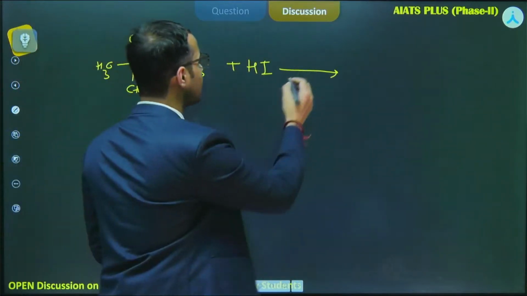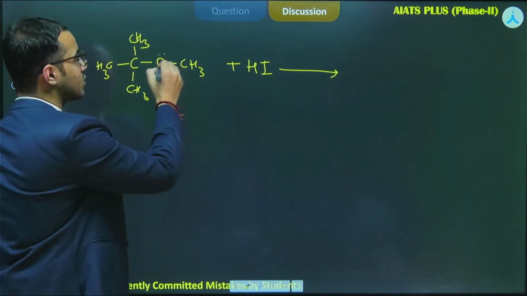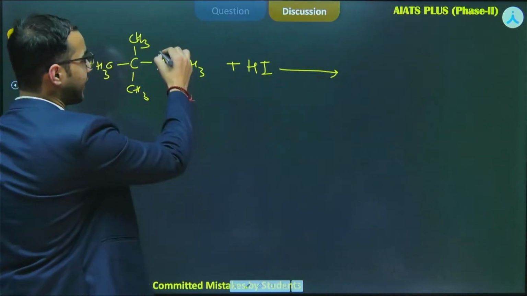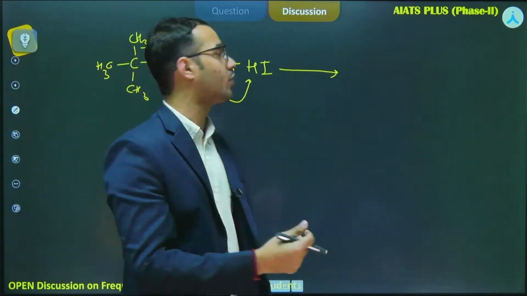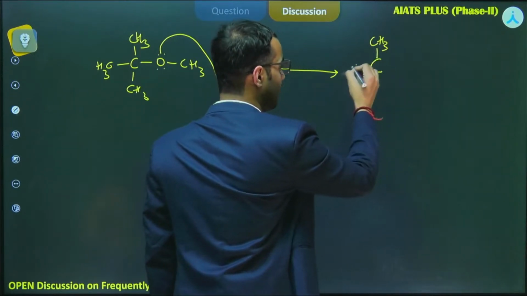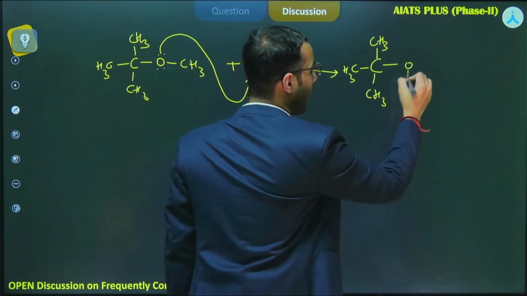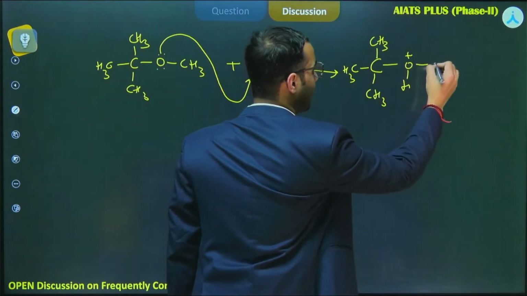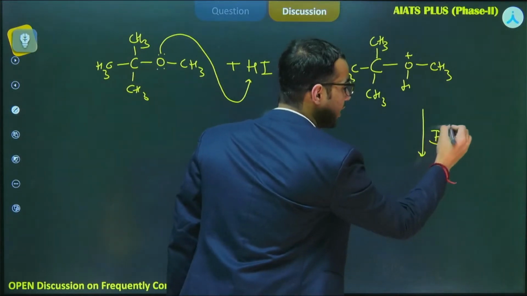You have this reactive oxygen because of the presence of the lone pair. It can attack at this position, taking a proton from it. So you will get CH3, and OH positive and CH3. And now you have I negative.